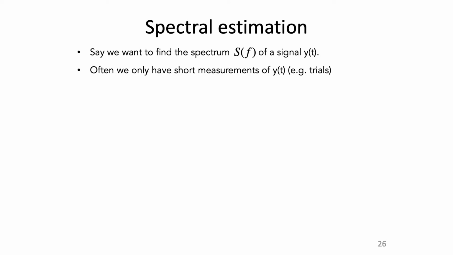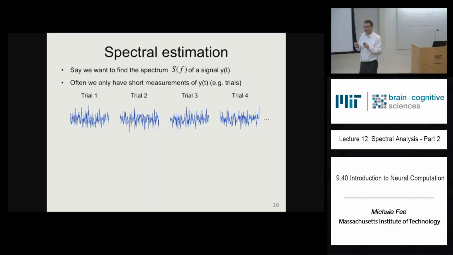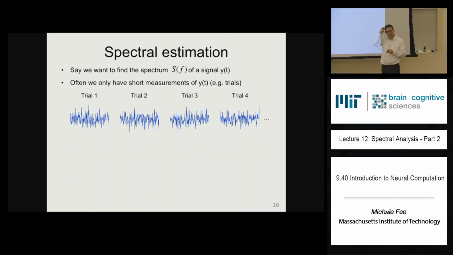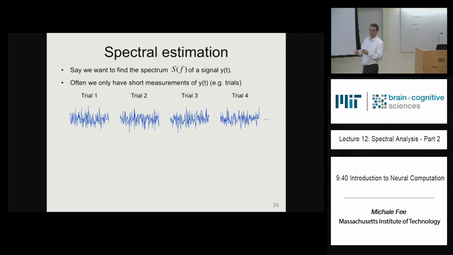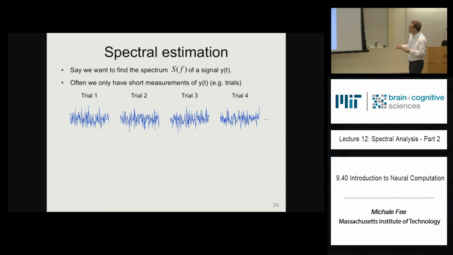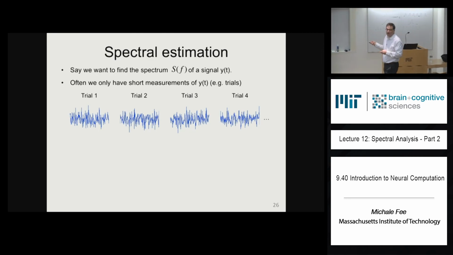So let's say you have a signal, S of t, and you have a bunch of short measurements of that signal. So you have some signal, let's say, from the brain, like you record some local field potential or some ECG or something like that, and you want to find the spectrum of that. Let's say you're interested in measuring the theta rhythm or some alpha rhythm or some other periodic signal in the brain. What you could do is you could have a bunch of independent measurements of that signal.